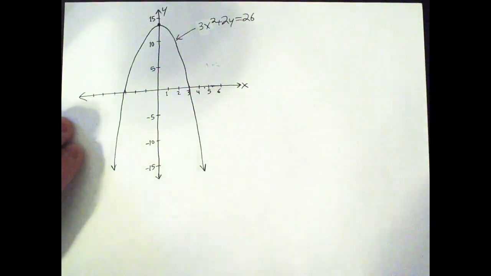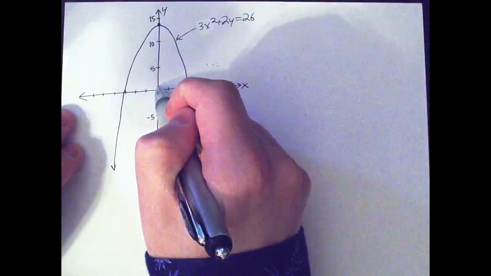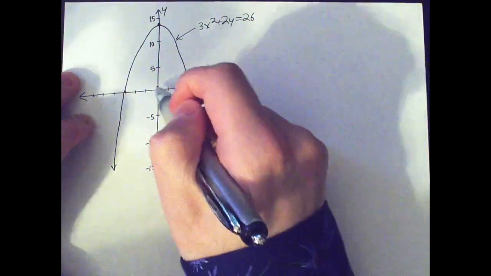The other one had a y-intercept of only 3/7. So 3/7 is pretty close to down here at the origin. And it looks something like this.